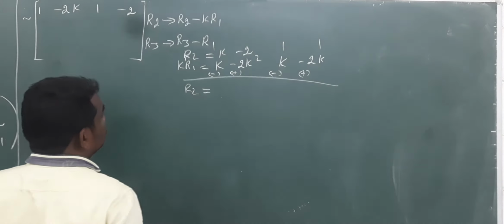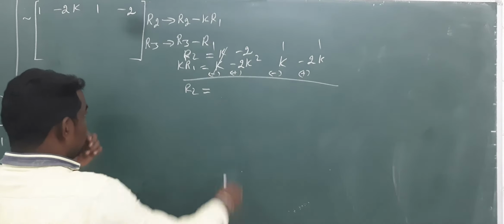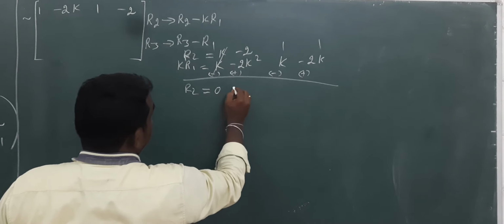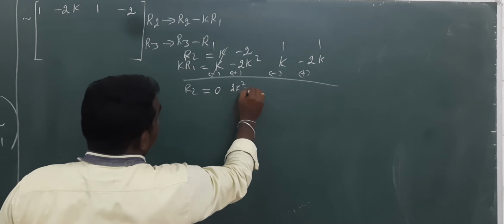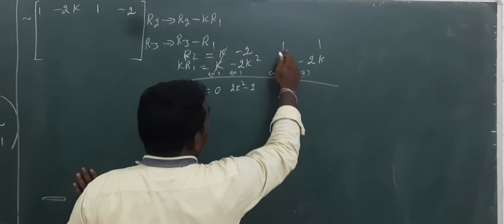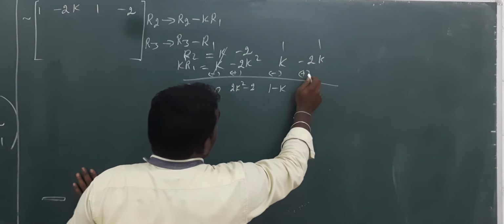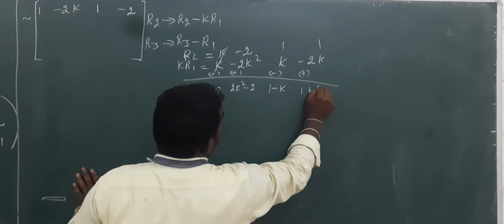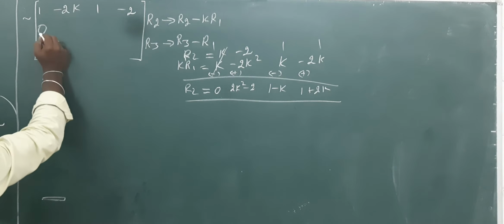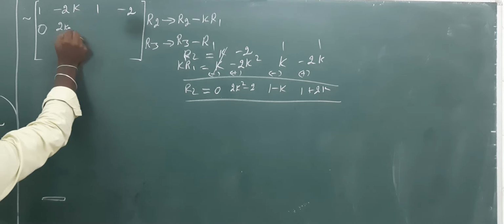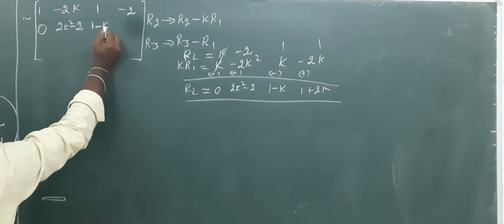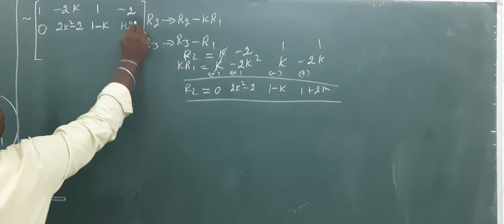The new row is R2 new. k and k cancel, that is, this is 0, 2k square minus 2, because this has plus, and 1 minus k, then 1 plus 2k. So the new row will become like this: 0, 2k square minus 2, 1 minus k, then 1 plus 2k.